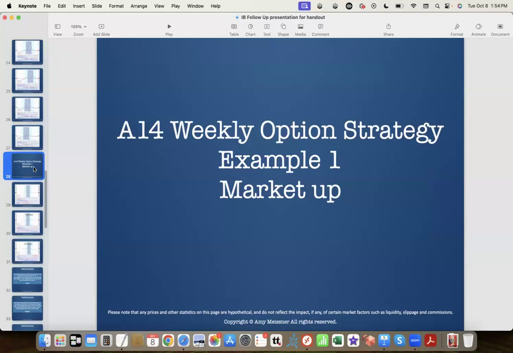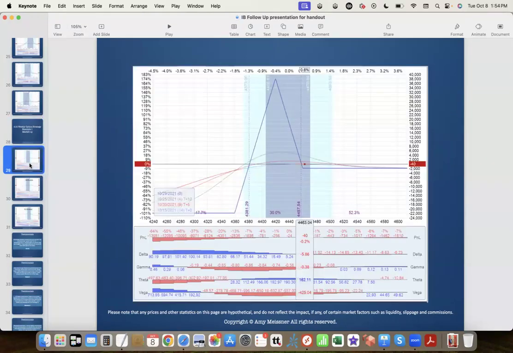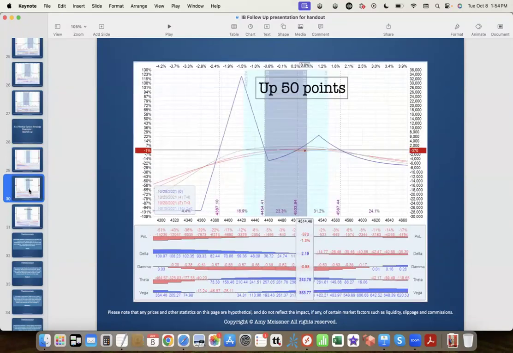So here's an example of what happens if the market goes up and the volatility goes down. So here's entry again. Now here we go, and this one, I think we moved up like 50 points. I can't remember exactly what the date was.